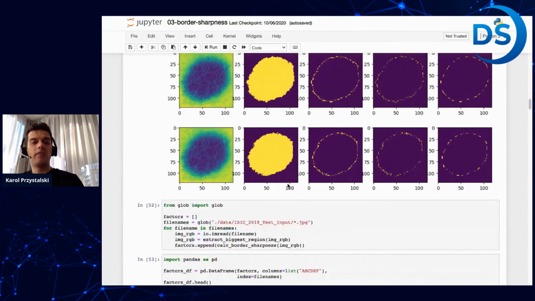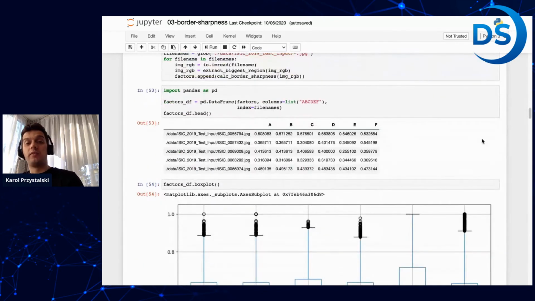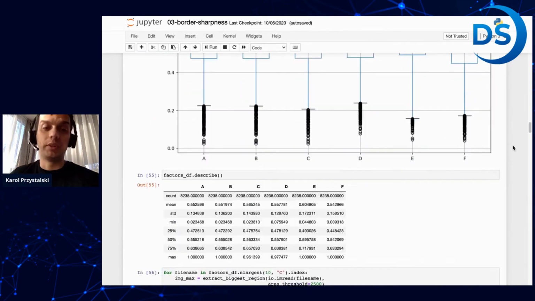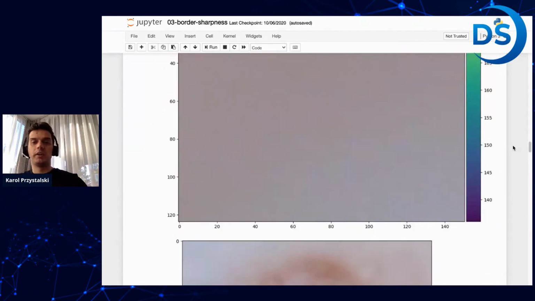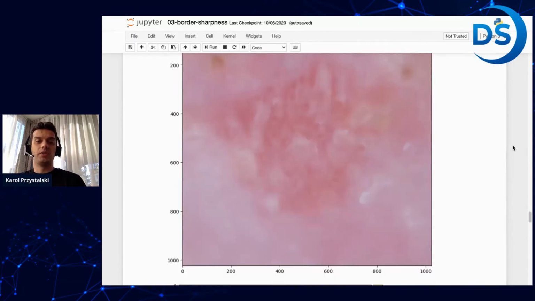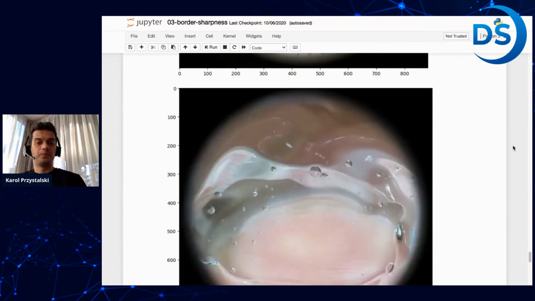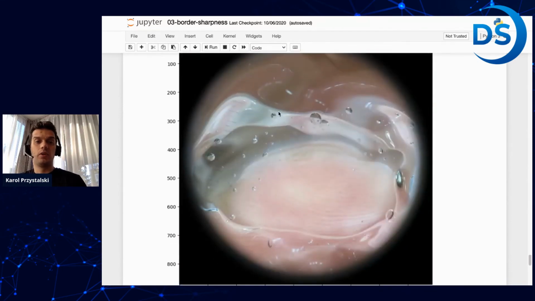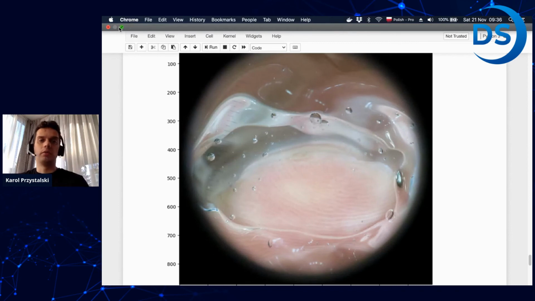The fewer we have, the better for the patient, obviously. There are also some other researchers here with some image examples of how to measure the sharpness. You can also see some images with nails in this example, so that's something much more difficult to explain.